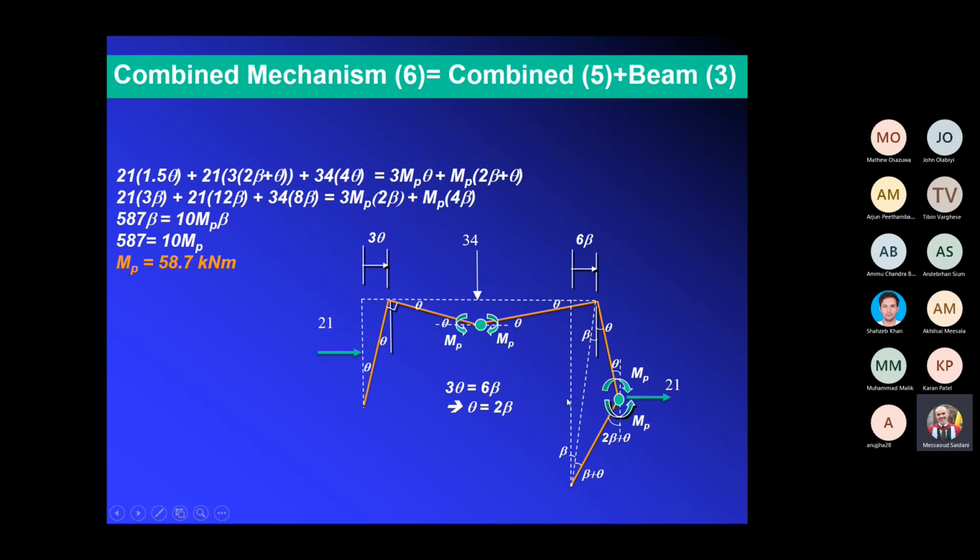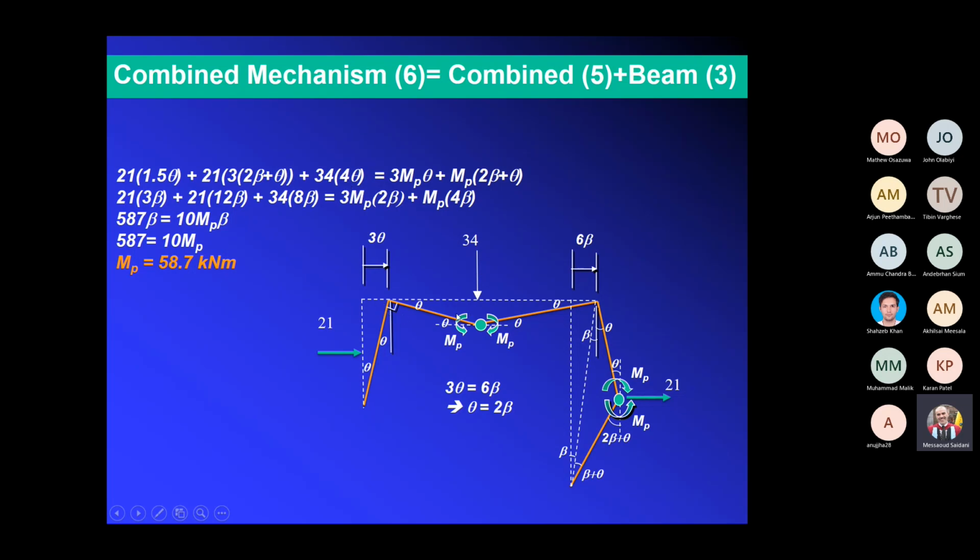So the displacement here is always from the original state position. So it's 3 times 2 beta plus theta, plus 34 times the displacement, and this displacement is 4 times theta.